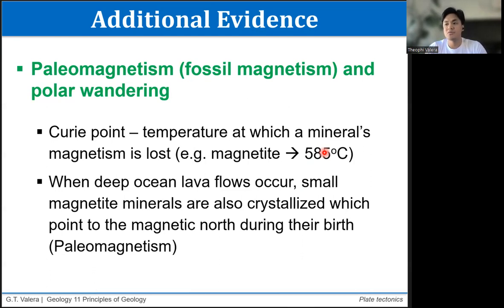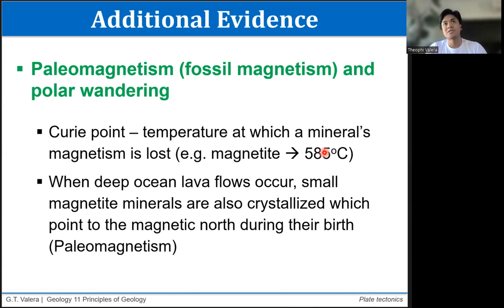So basically, if you try it for yourself, get a glass of water, put a magnet there, you have north and south pole, and if you put your magnet there, it will actually rotate. You can try this for yourself. It will rotate depending on the location of the magnetic north and the magnetic south.